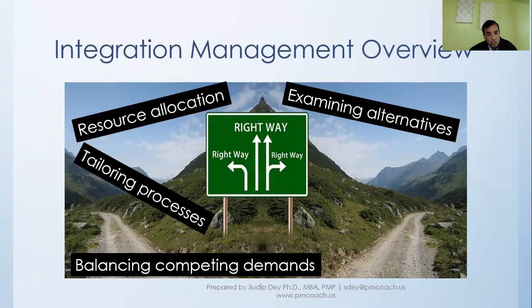Then there is tailoring the processes. As you have seen here, you will have many processes, in fact 49 processes. And in the organization where you are working, there will be many guidelines. So as a project manager, you have to take these in and see how you can tailor them to the needs of your project.